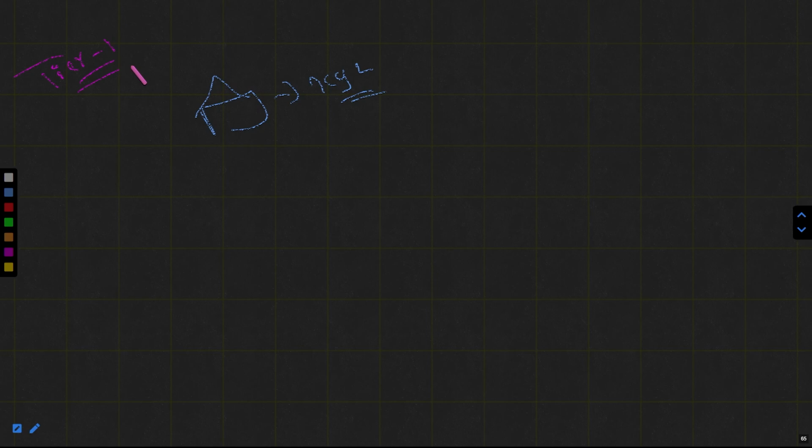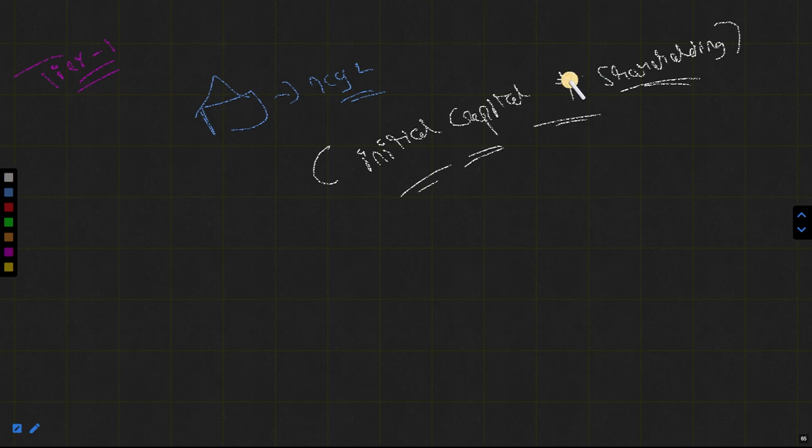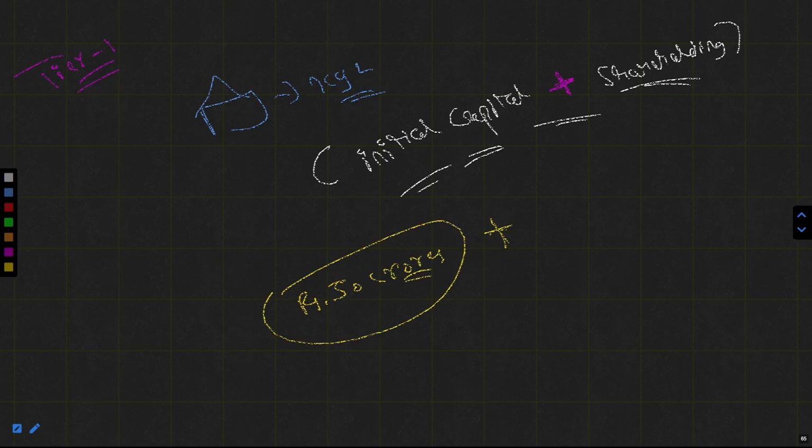So when the XYZ was established, there are two types of funding. First is the initial capital and second is the shareholding. It is the basic division. All right. So basically, you can say when the bank was established, rupees 50 crores were invested in the bank. Okay.